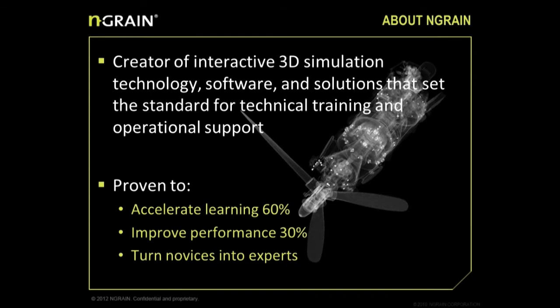We're headquartered in Vancouver, Canada, and also Richmond, Virginia, and we're represented globally via strategic partnerships. And for the past decade, we've been providing solutions that have been proven to accelerate learning by 60%, improve first-time right job performance by 30%, and enable novice technicians to perform at the same level as seasoned experts.